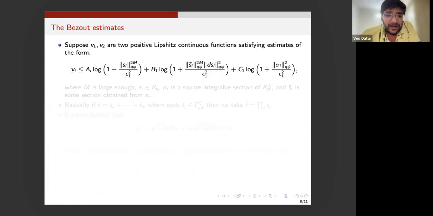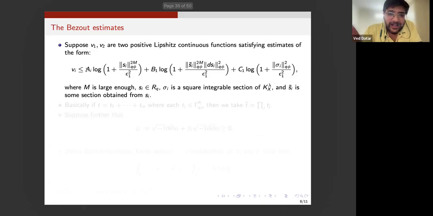It's a bit technical, but I just want you to notice that on the right-hand side, involving the sections in RQ, you have terms involving one derivative of the sections in RQ, the strange term S_i tilde, and it also involves sections of the canonical bundle.